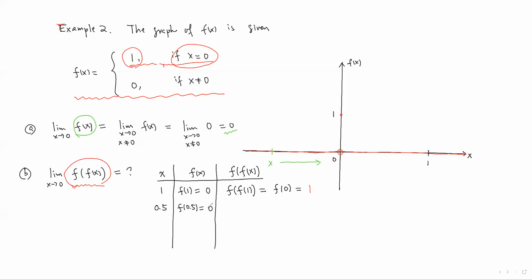Now let me compute this. x is 0.5, and f of 0.5 is 0. So this is 0, and f of 0 is 1. So 1 again.